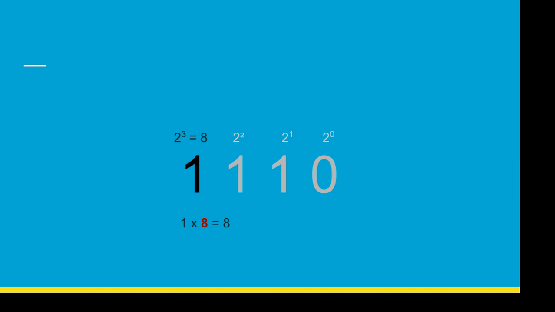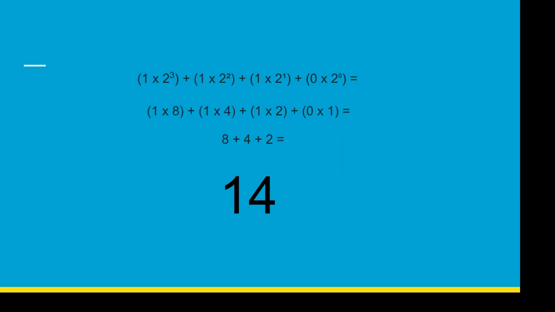So you'll at least remember up to the 8th place, which is really easy once you look at it for a while. So if we look at this number that we had, it's 1 times 8 plus 1 times 4 plus 1 times 2 plus 0 times 1, or 8 plus 4 plus 2, which is 14.